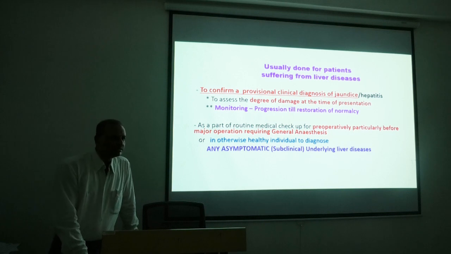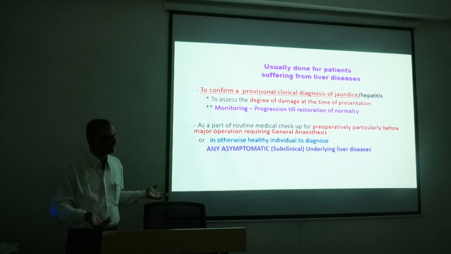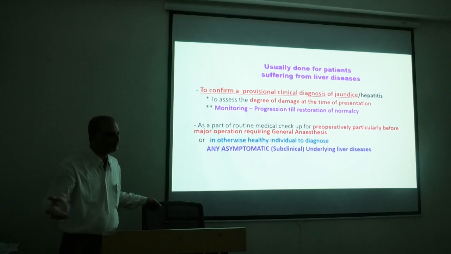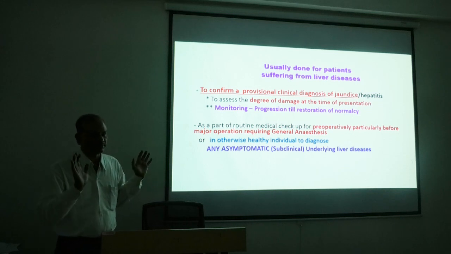And otherwise healthy individuals, you or I, who don't have any symptom of any liver disease, undergo periodic medical checkups or health checkups, just like for blood sugar. He does not know that he has a high blood sugar level. Diabetic patients and hypertensive patients are detected on casual medical checkup.